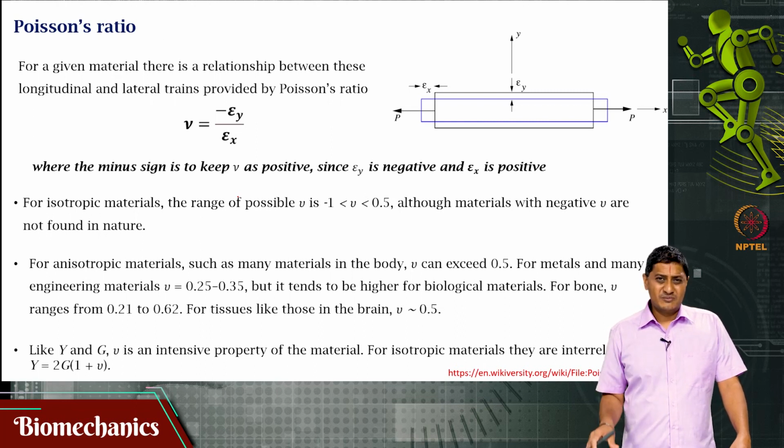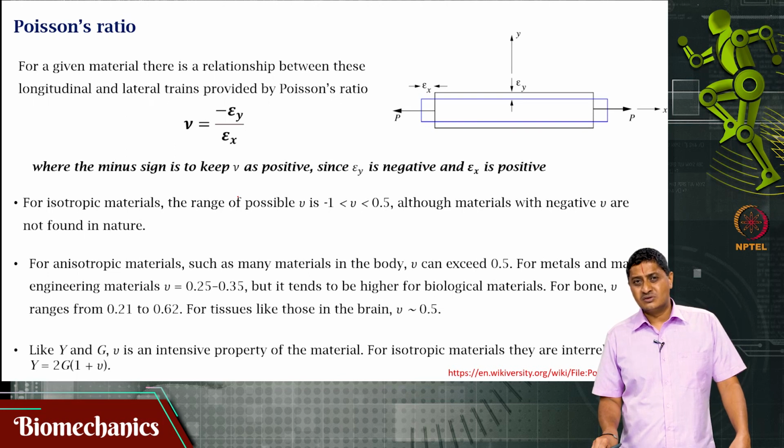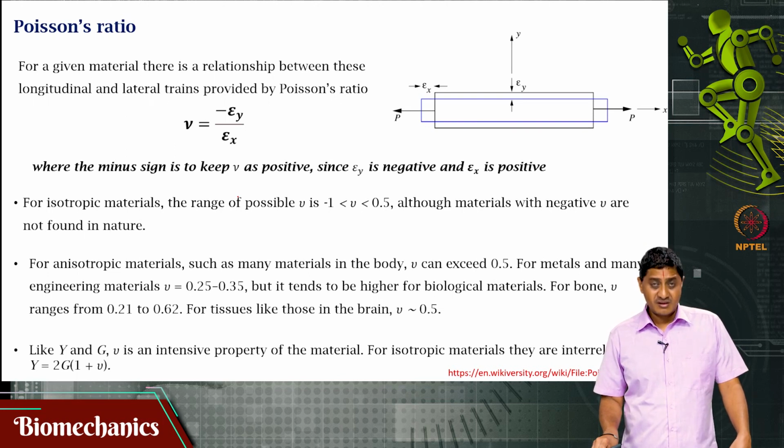It is known from experimentation and analysis that for isotropic materials, the range of possible values of Poisson's ratio is between -1 and 0.5, although materials with negative Poisson's ratio are not found in nature. For anisotropic materials, which is what are present in the human body, the Poisson's ratio can exceed 0.5.